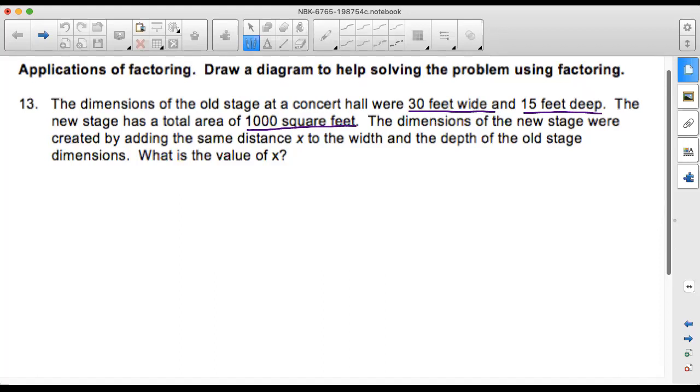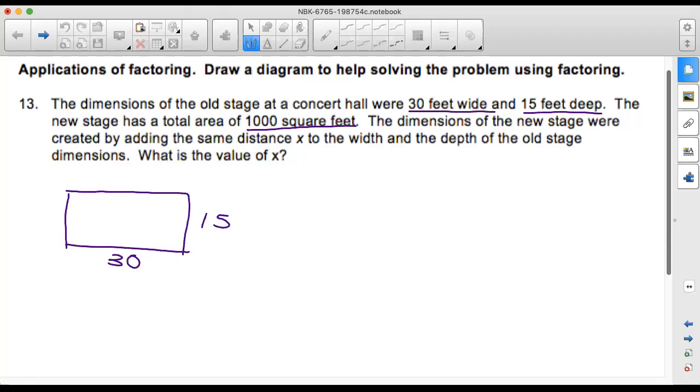So I'm going to go ahead and draw my stage at 30 by 15.